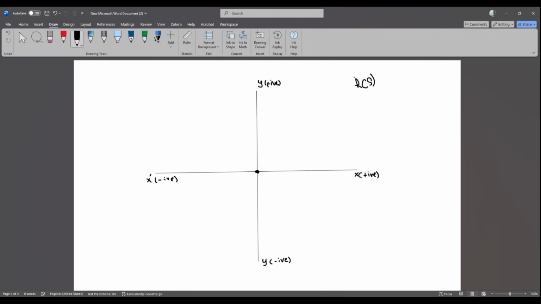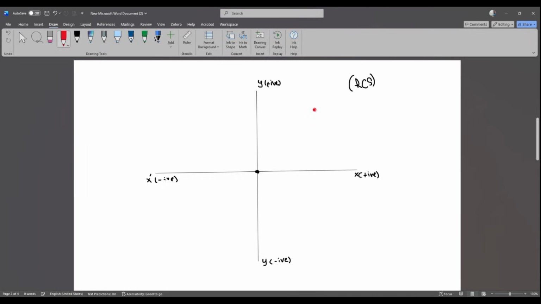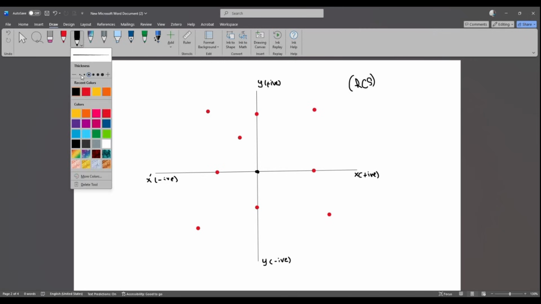Now, one thing should be clear at this point. For instance, if I put any point anywhere on this rectangular coordinate system, and you can put them anywhere, each point on a rectangular coordinate system will give you two values.